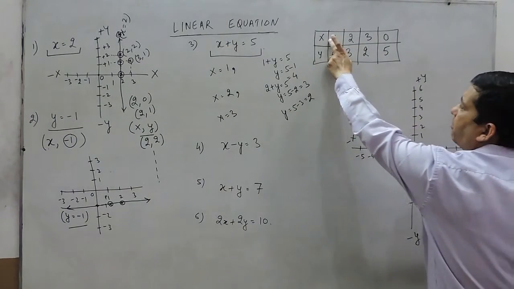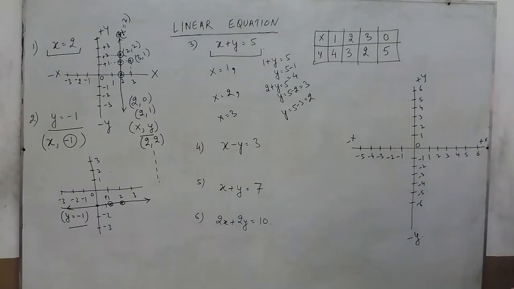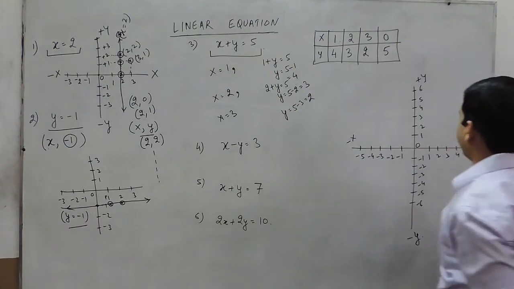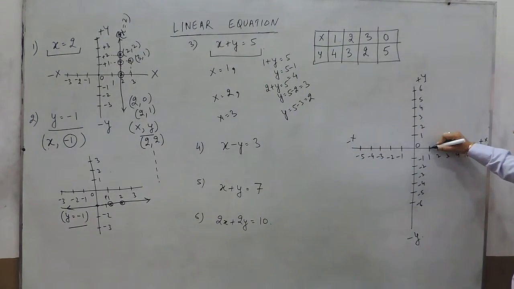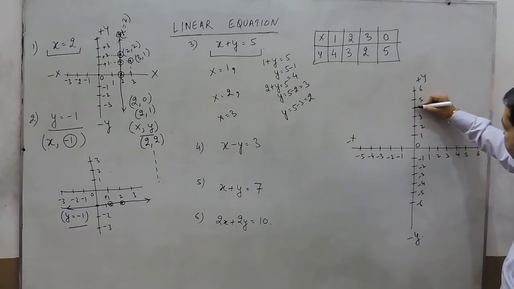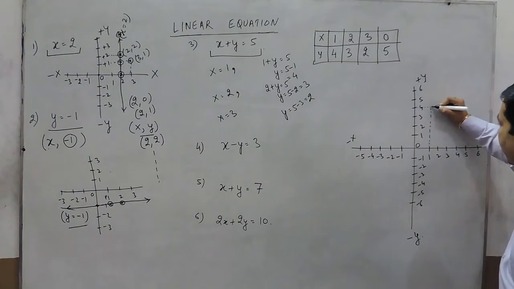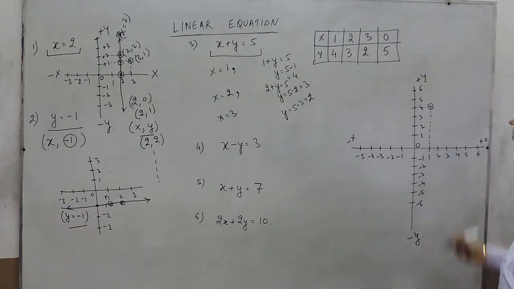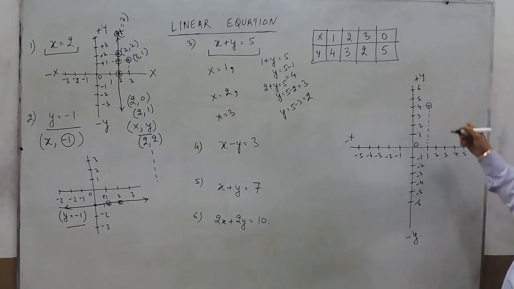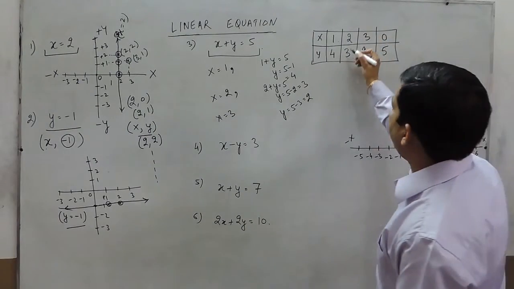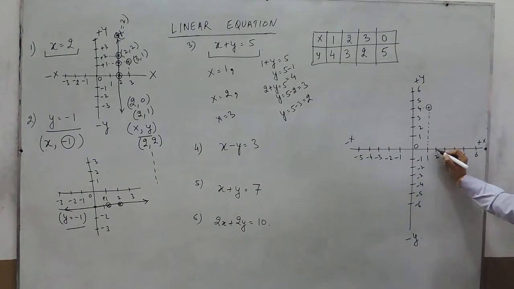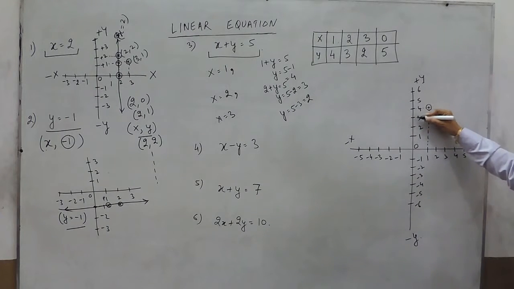Now, if I am writing 1, 4 as the coordinate of x and y, which is satisfying this equation, the value of x as 1 and the value of y as 4, the place we will reach is at this place. The second value of x and y is 2 and 3. So for the value of x as 2, the value of y is 3.